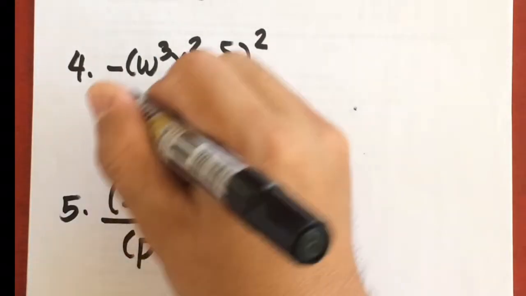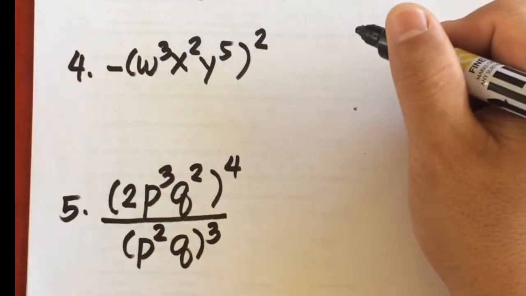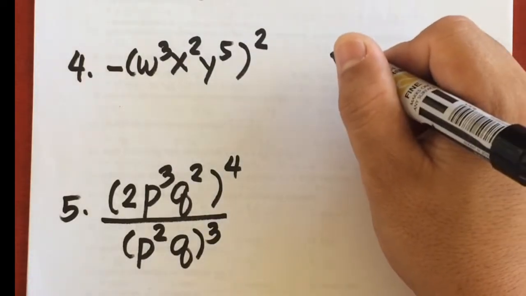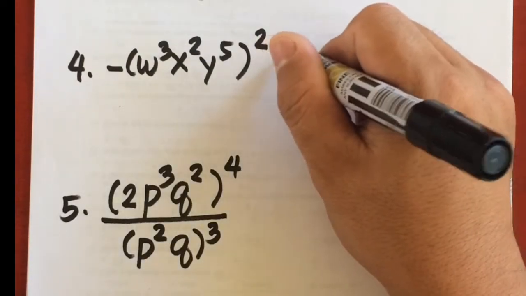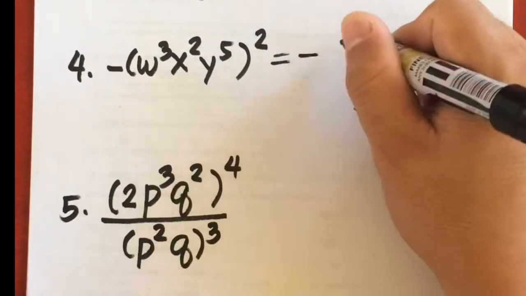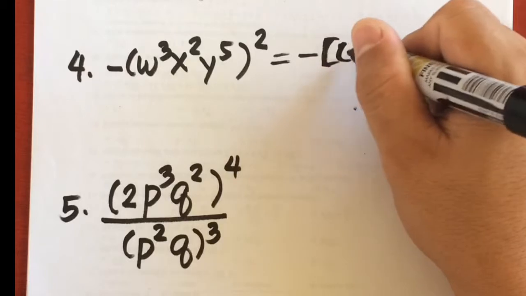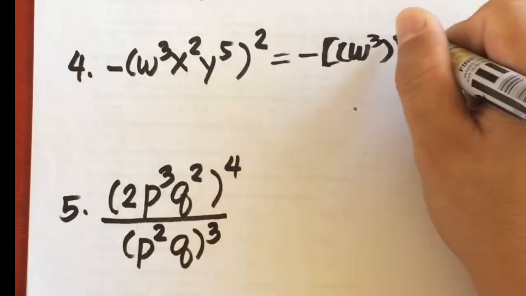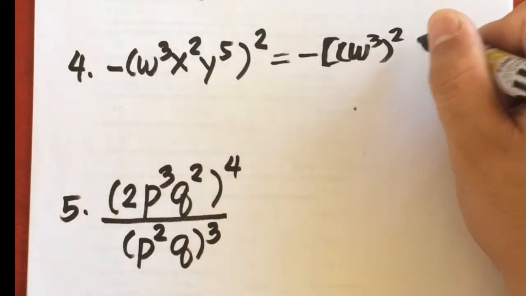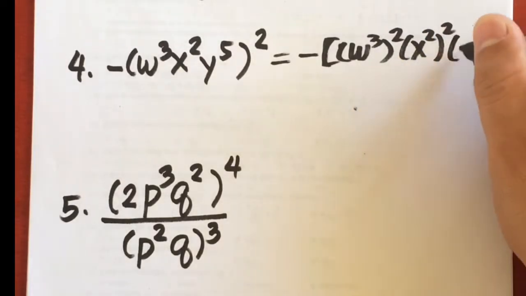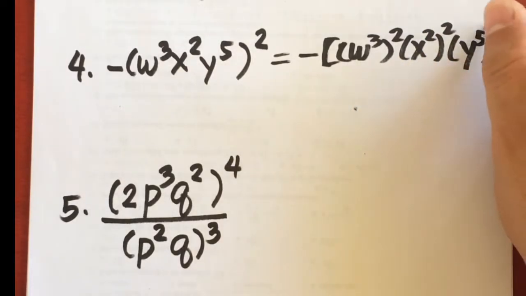Number 4: the negative of the quantity w cubed x squared y to the power of 5, squared. So this will be equal to the negative of w cubed squared, then x squared squared, then last will be y to the power of 5 squared.